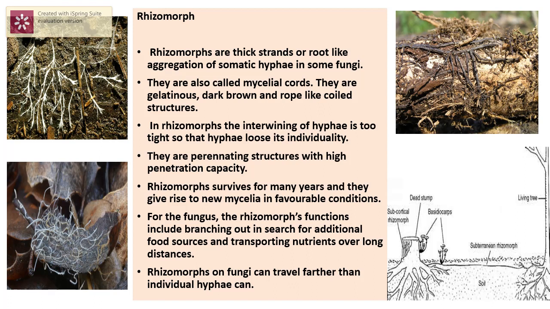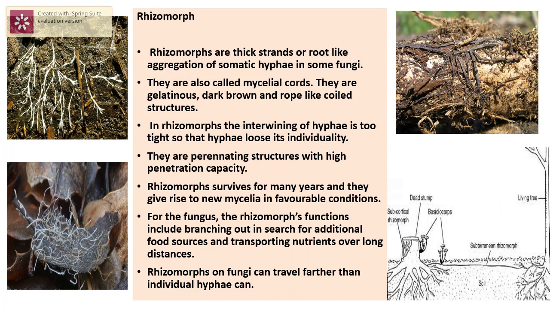In the rhizomorph, you can see that it has a very high penetration capacity, meaning it can penetrate into the host cells, and it can also survive for many years. In unfavorable conditions, the rhizomorph behaves like dormant, dark brown mycelial cords, like you can see in the right-hand first diagram.